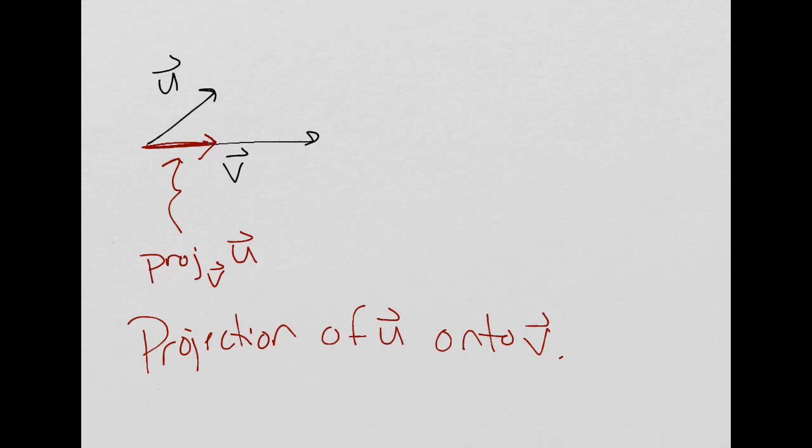It actually gives us a new vector in this direction. So if we want to find it, we're going to start with the component.